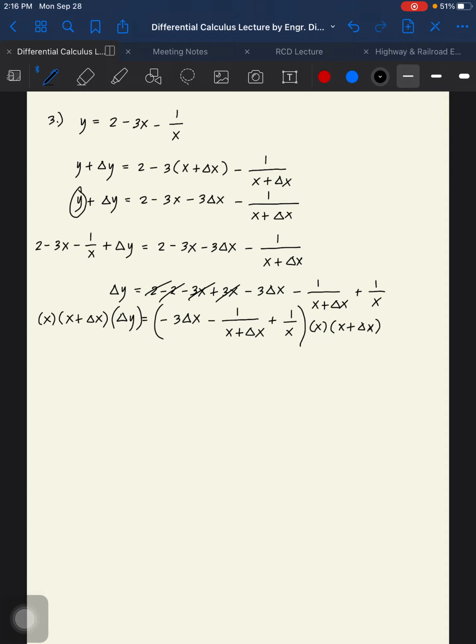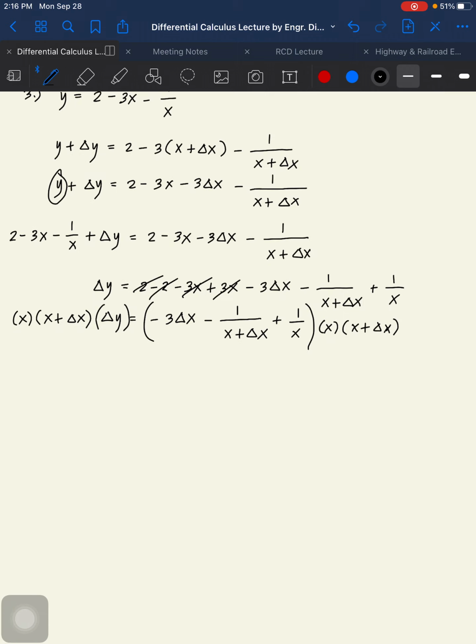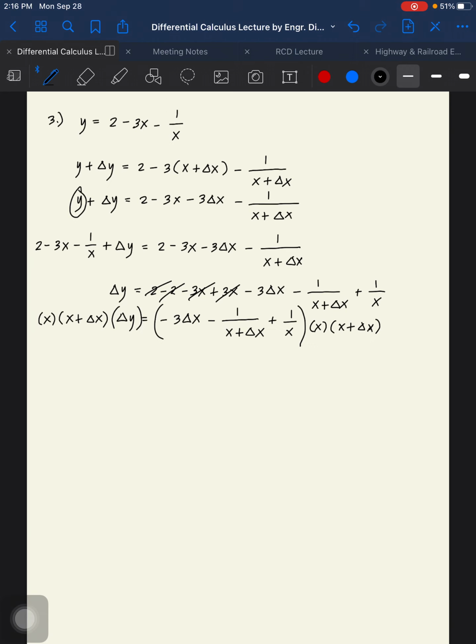Now, if we distribute this and also your delta y, what happens here? It becomes x squared plus x delta x, then delta y.